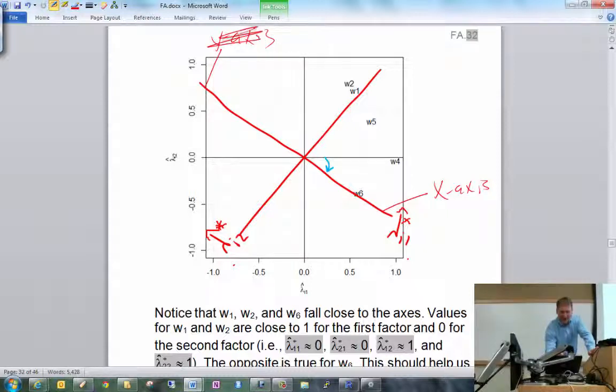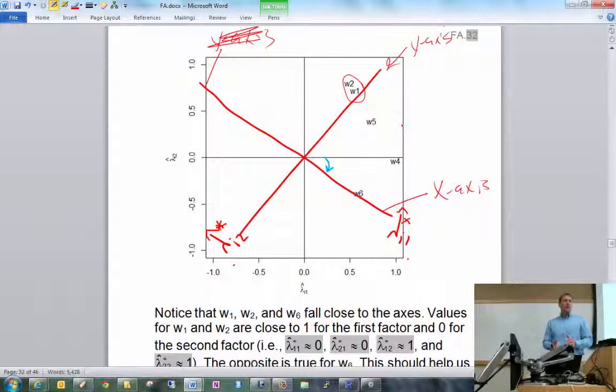Now given this new XY axis, you could find what the corresponding lambdas should be for W2 and W1, for W6, for W4, for W5 as well that you see plotted there.